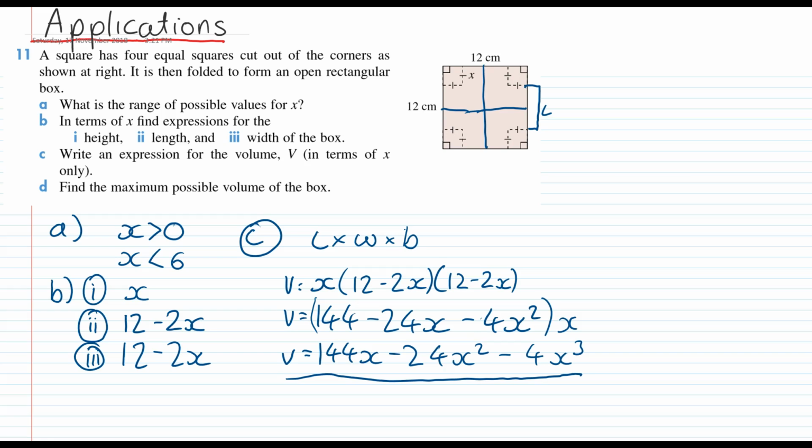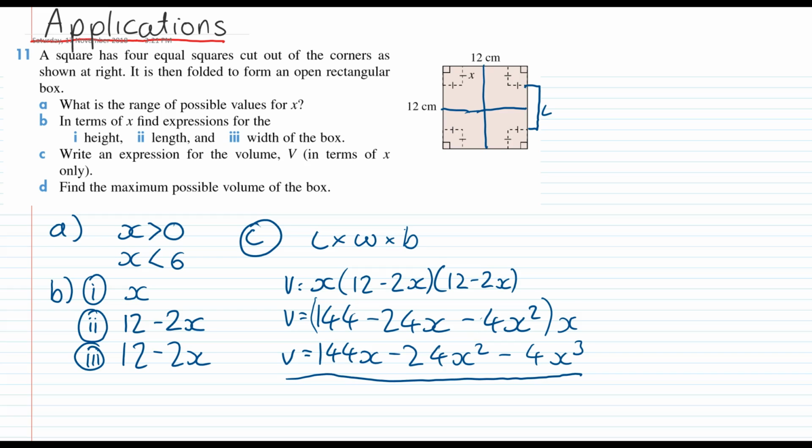What number for X gives us the biggest number for V in this equation? Okay? So to do that, we find the derivative where X starts going from bigger to smaller, that maximum turning point. Okay?